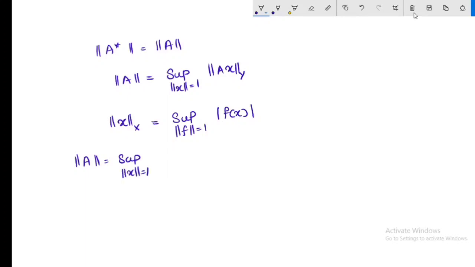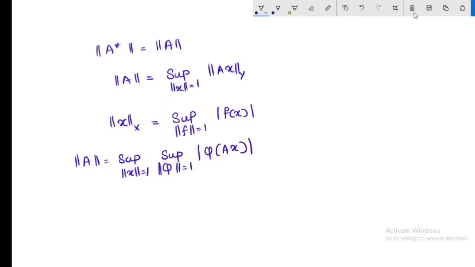And what about norm of Ax in Y? This is equal to supremum over norm of phi equal to 1 of modulus of phi of Ax. So using the same result, here Ax in place of x, this becomes norm of Ax.